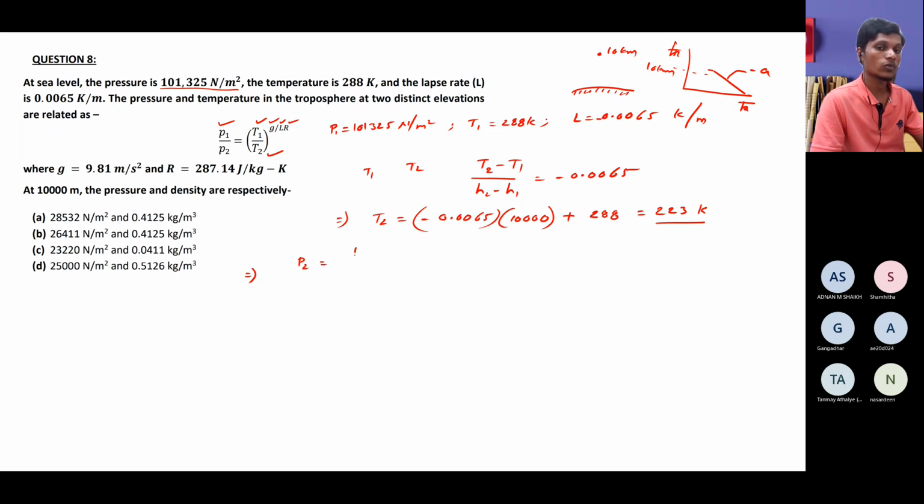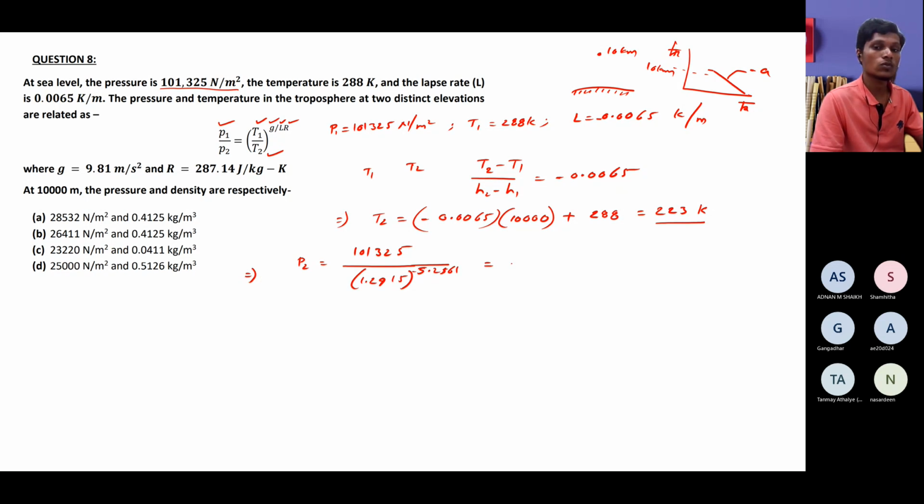P2 equals 101,325 by the ratio of temperatures, 1.2915, raised to G by LR, which should be negative as L is negative, that is minus 5.2561.